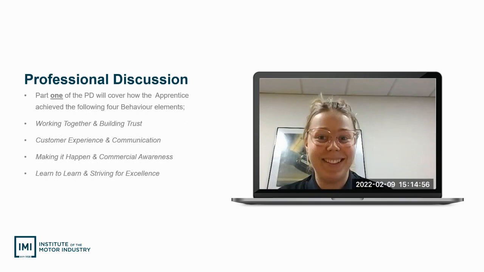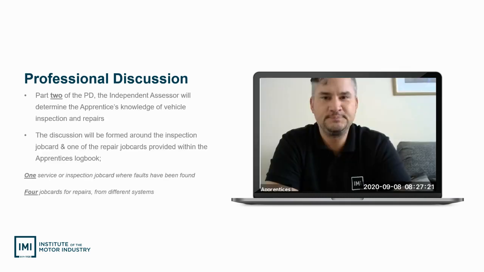During the behaviours section, there are 4 key areas that will be covered as detailed in the slide. The independent IMI assessor will discuss how the 4 behaviours are applied by the apprentice in their day-to-day workplace. The second part of the professional discussion is based upon the apprentice's knowledge of inspecting and repairing vehicles.